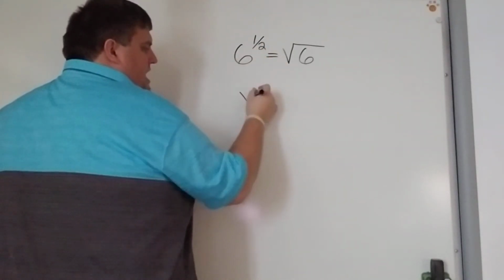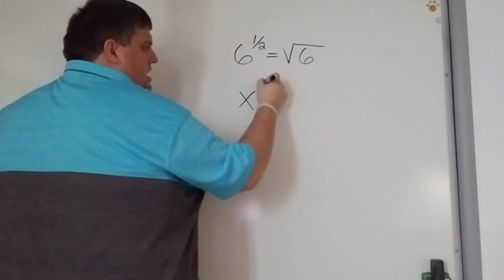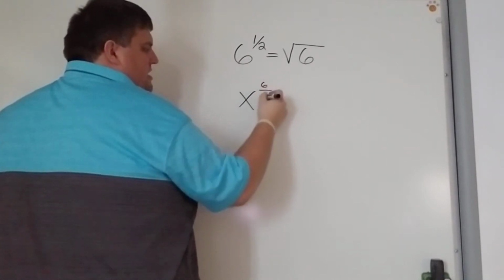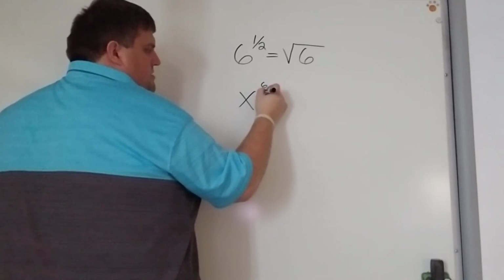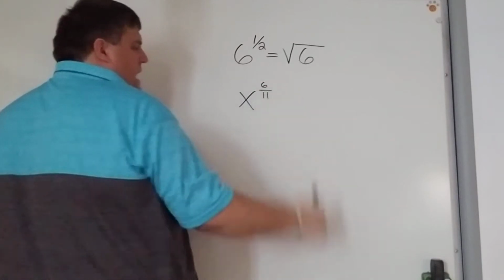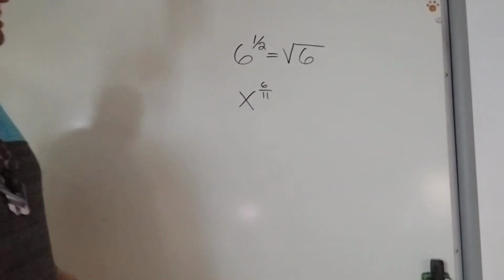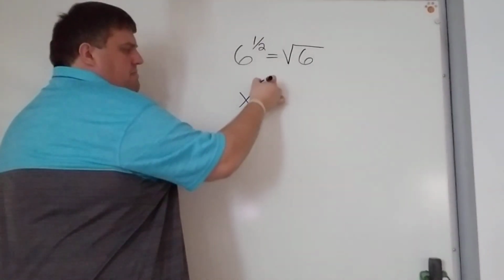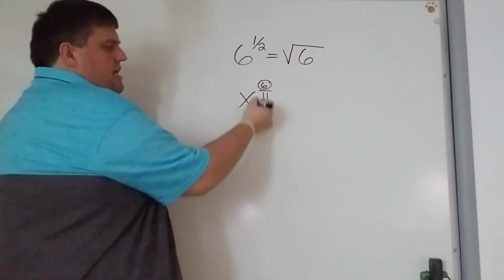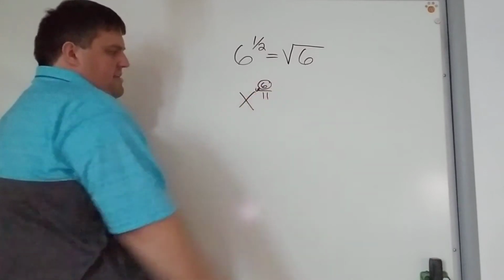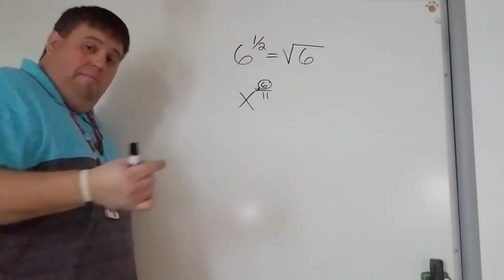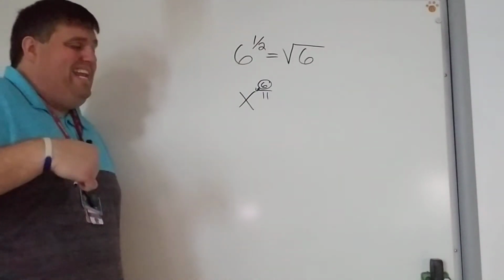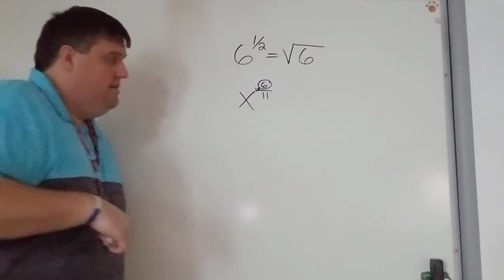So let's say I had x to the 6/11th power or something like that. All right. The way that this works is this top number, the numerator, stays with the base. The denominator goes on the outside, and that's what kind of root it is.